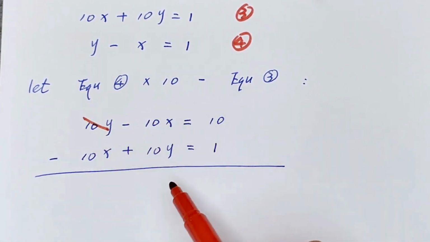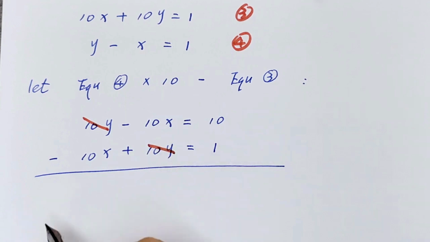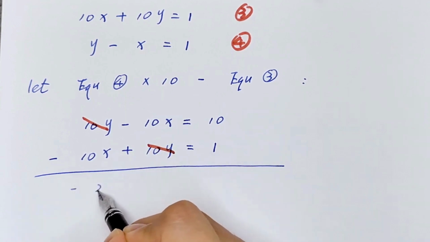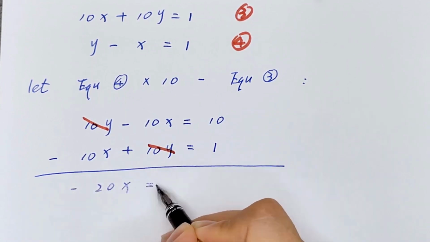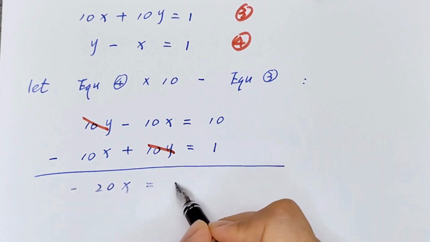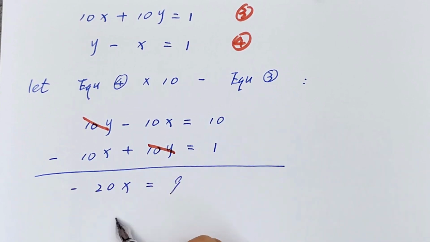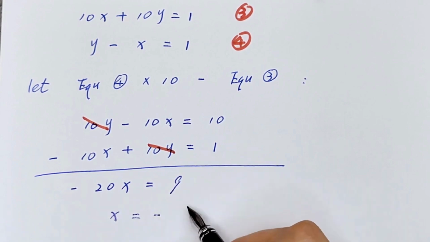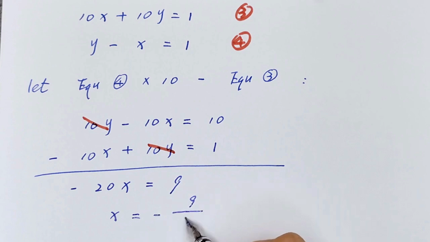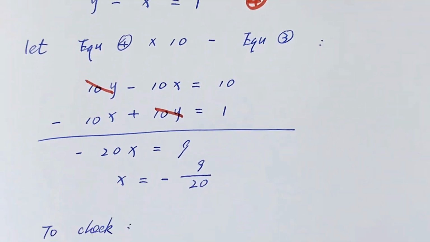Now this will cancel with this, so it will be negative 20x equals 10 minus 1 is 9. So x is equal to negative 9 over 20.